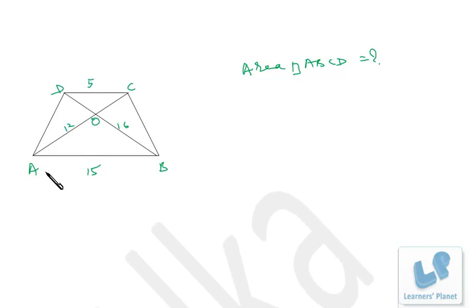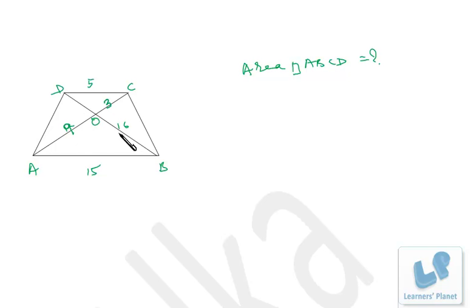If this side to this side is 1:3, then this ratio should also be 1:3, and this to this should also be 1:3. As this entire length is 12, this must be 3 and this portion must be 9, in the 1:3 ratio.